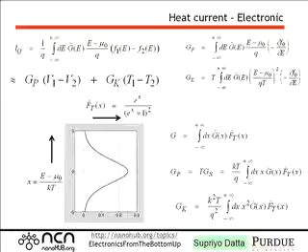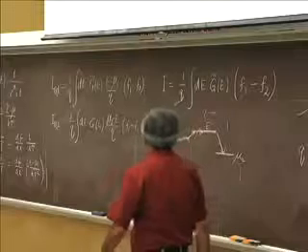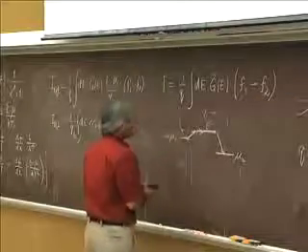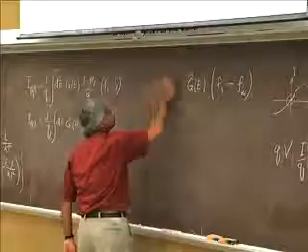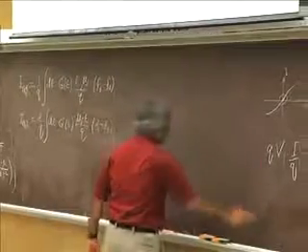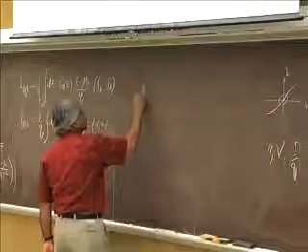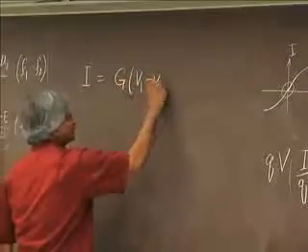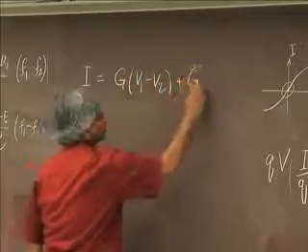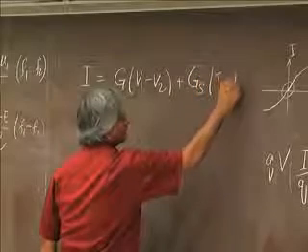In the last slide, I had written I equals G (V1 minus V2) plus GS (T1 minus T2).